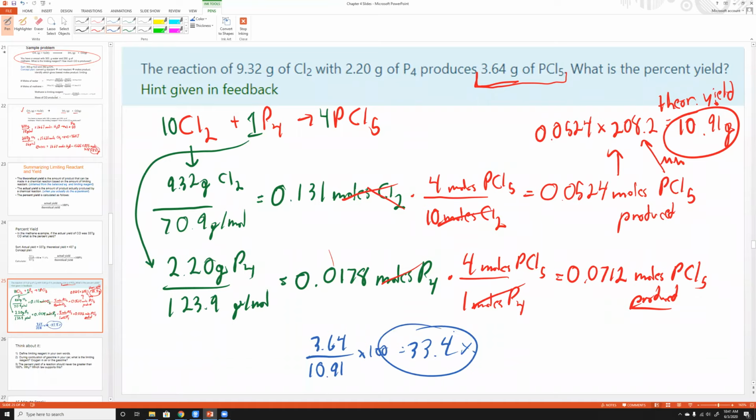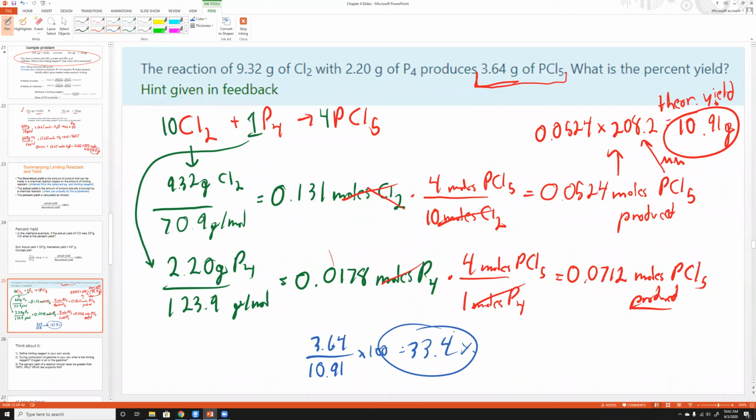So now, other questions that can be asked is how much is in excess? That was an easy example before, the first example, because it was a 1-to-1 ratio. This time, we're not having a 1-to-1 ratio. It's a bit different.